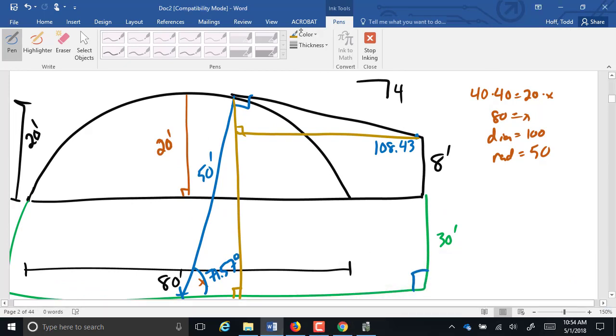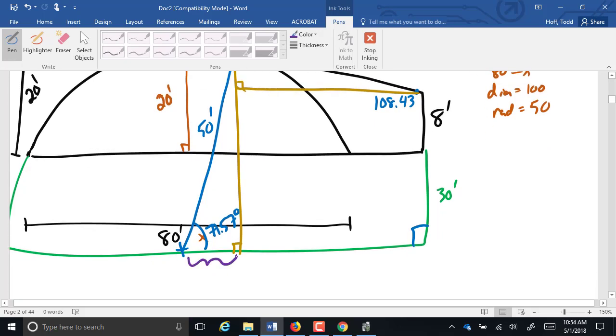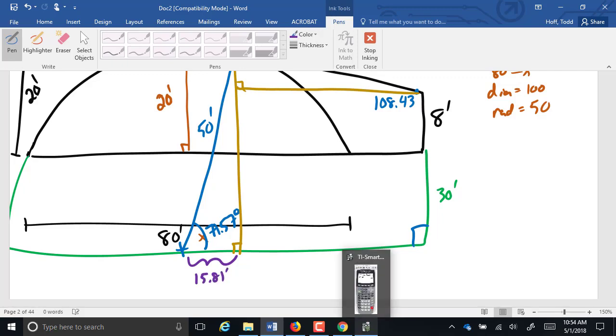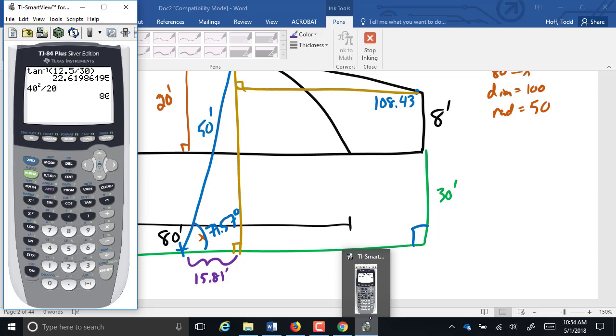Okay, so what'd you guys get for this length right down here? How about 15.81, we'll call it. You're a little off on that? Let's try it. That would be just cosine, so it'd be 50 times the cosine of 71.57.